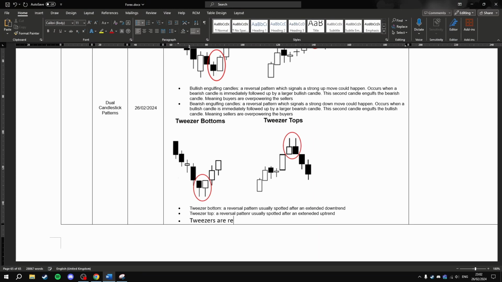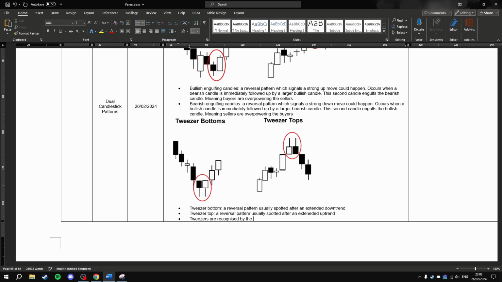Tweezers are recognized by the first candlestick being the same as the overall trend.